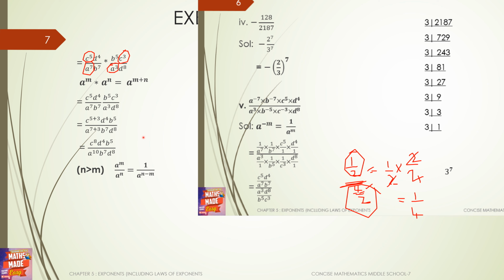The exponents with b and d, you can apply a to the power of m by a to the power of n is equal to 1 by a to the power of n minus m. Since n is greater, I am going to apply this formula. So c to the power of 8 by a to the power of 10, b to the power of 7 minus 5, d to the power of 8 minus 4. So c to the power of 8 by a to the power of 10, b to the power of 2, d to the power of 4 is the answer.